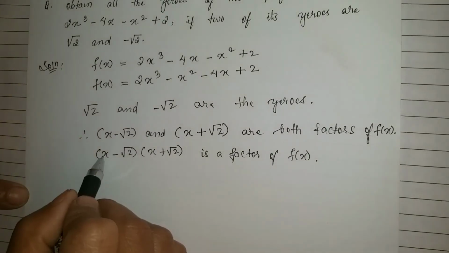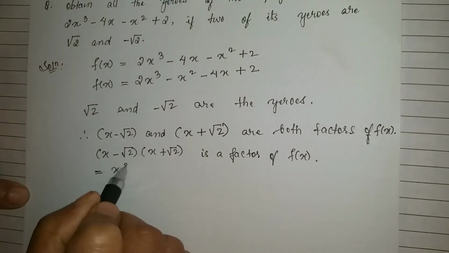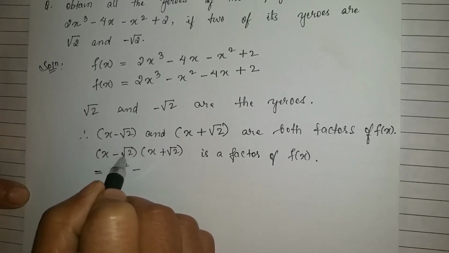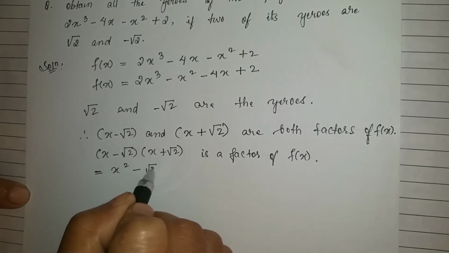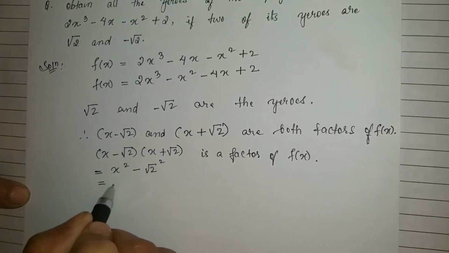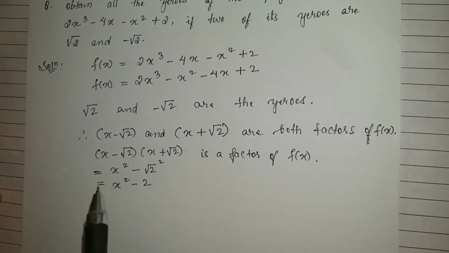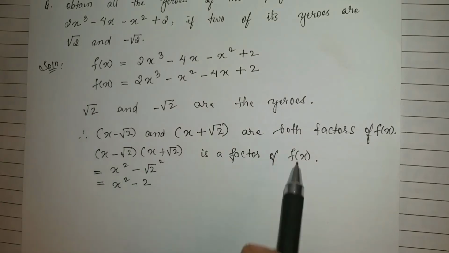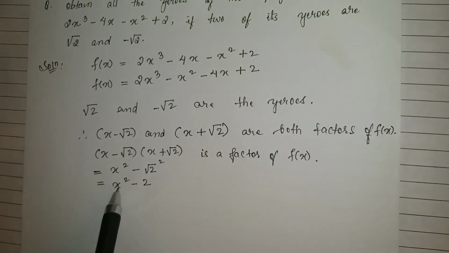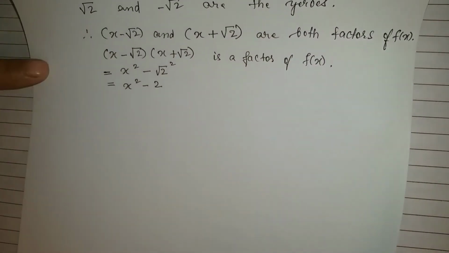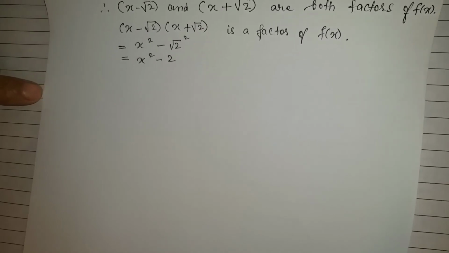So here our a is x, it will be x square minus our b, root 2 square. This will give us x square, root 2 square is 2. Therefore, x square minus 2 is a factor of f of x. So if we divide f of x by x square minus 2, we should get remainder equal to 0. So let us divide f of x by x square minus 2.